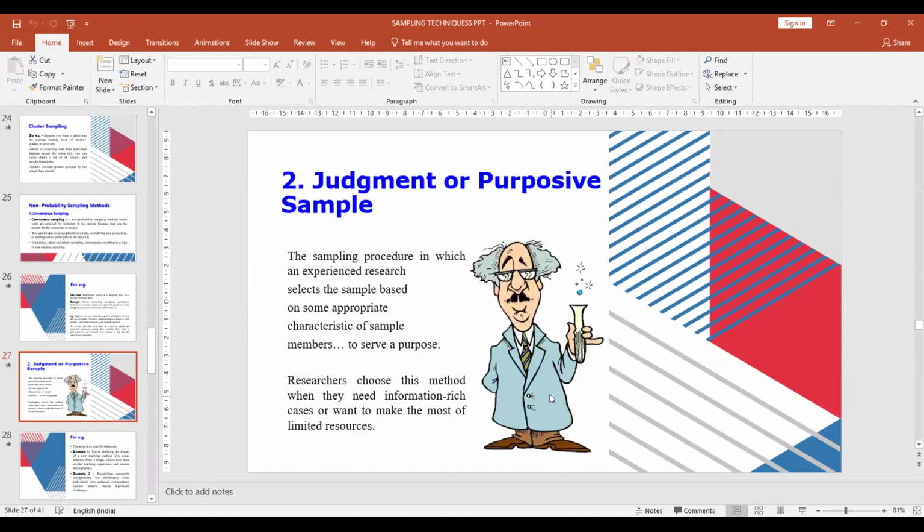But it must be kept in mind that the units selected must be representative of the universe.